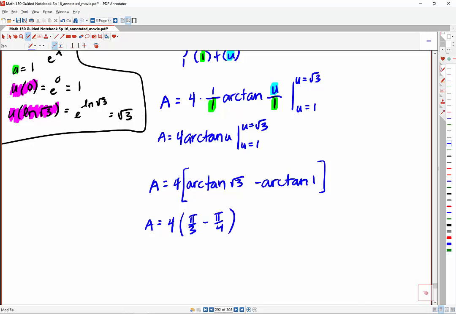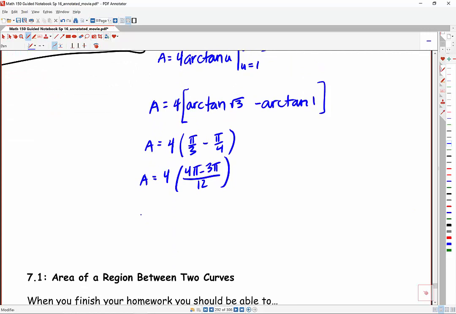So getting a common denominator, we'll have this here. So our area will be equal to 4 divides out of the 12, and we'll get pi over 3 square units.